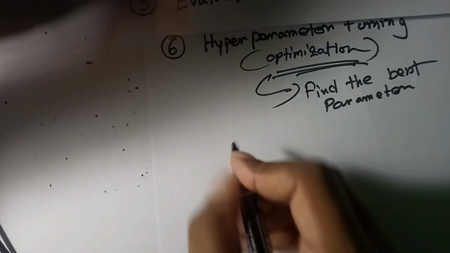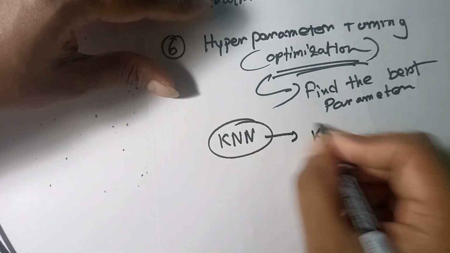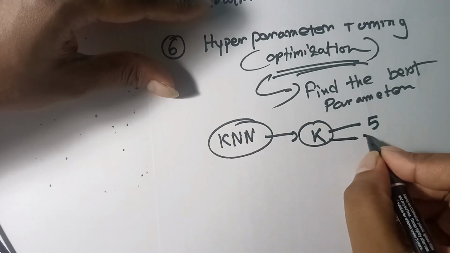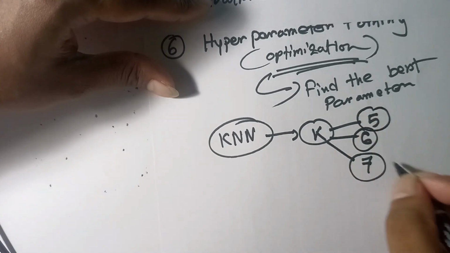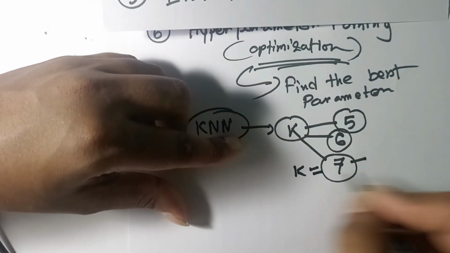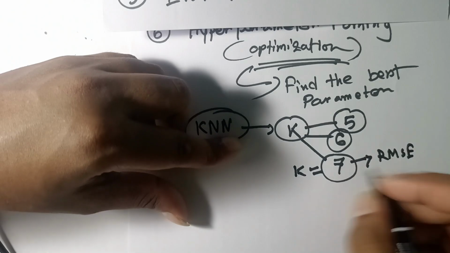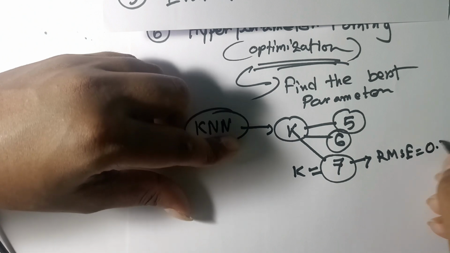For example, in KNN, the parameter is K. Say we tried K equal to 5, 6, 7, and we found that when K is equal to 7, the RMSE, say for example, is 0.7.